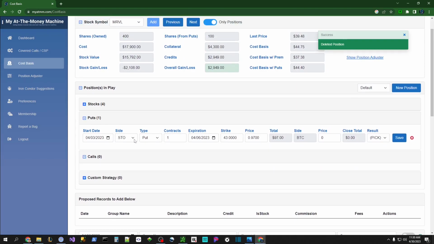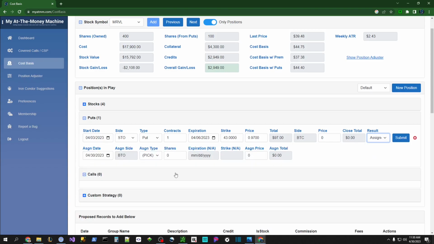And we did have a put on the board, and this one got assigned when it expired, as we saw back on the Ameritrade screen. So we want to click this drop down and click assign because we were assigned on it. Let's find out what that date was.